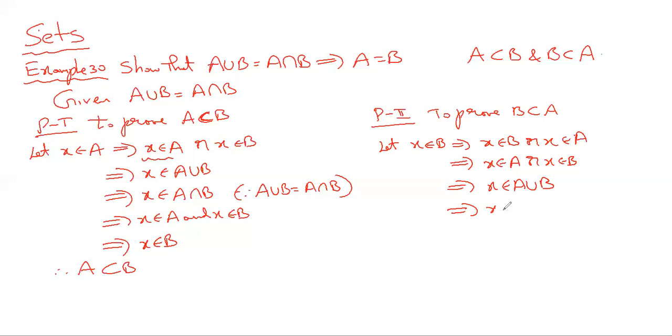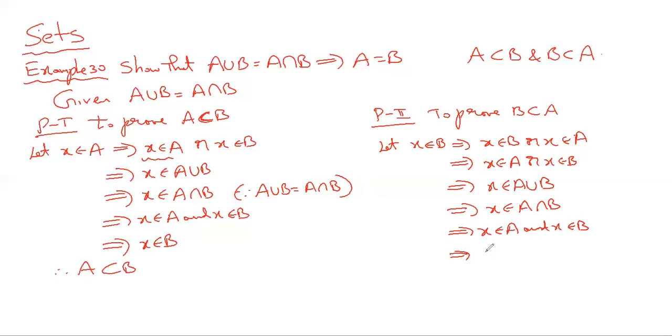From the given information, A union B is the same as A intersection B. That implies x belongs to A and x belongs to B. So that implies x belongs to A. So when you have two known facts, we'll consider the fact in which we are interested.